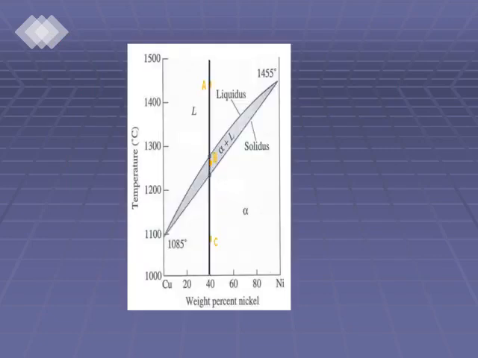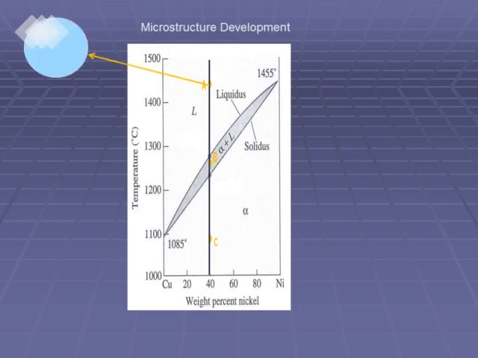Next, we are interested to know the microstructure of the phase or phases that are present at the point of interest. We know that at point A, all the alloy is in the form of liquid, and the composition of liquid contains 40% nickel.